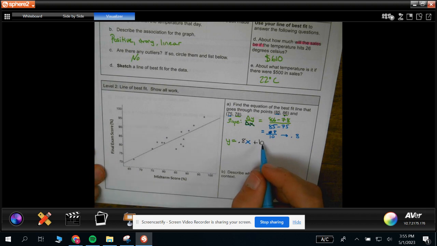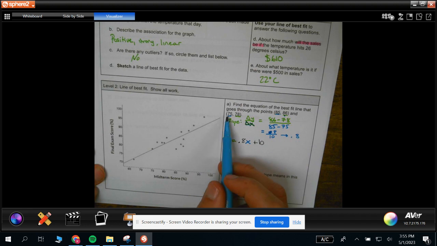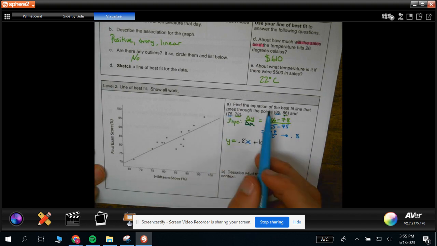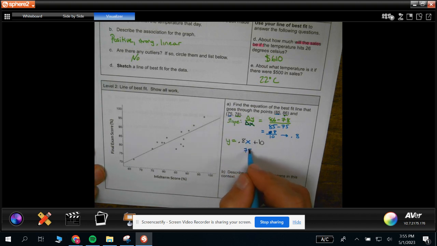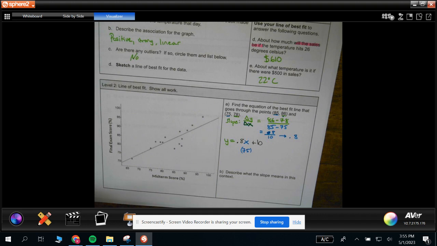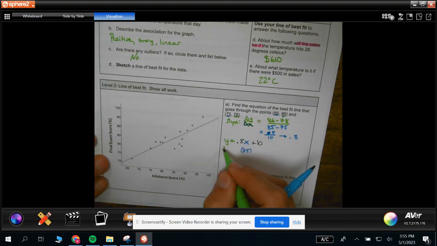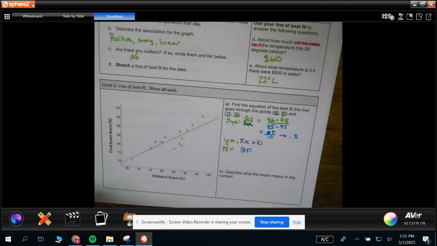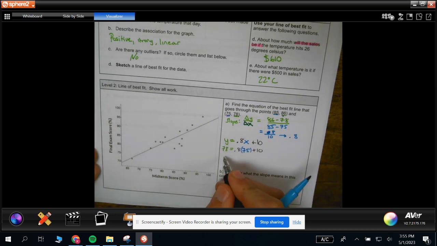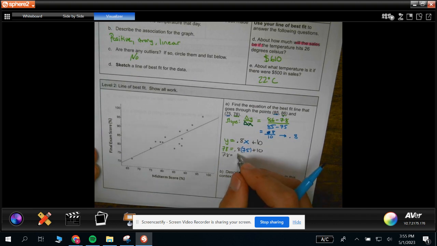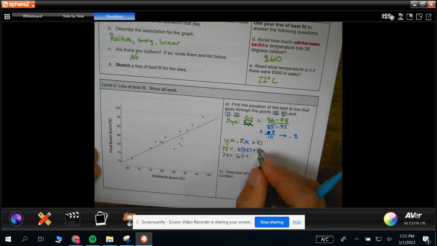To do that, I need to substitute an x and a y value. I could choose either one, (75, 78) or (85, 86). I'm going to pick (75, 78). So I substitute 75 for x, and I substitute 78 for y. And let's see what this equals. 78 equals 0.8 times 75, which is 60, plus b. That's a b right there.